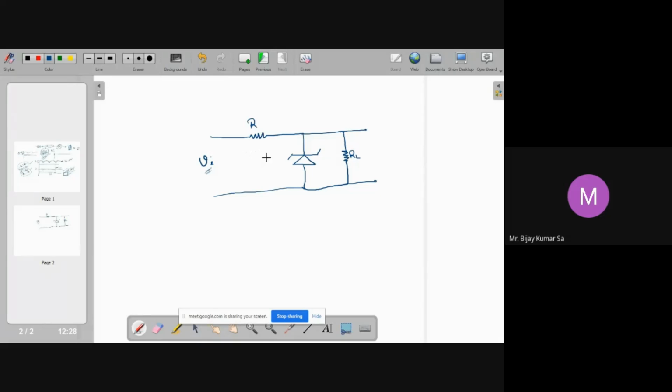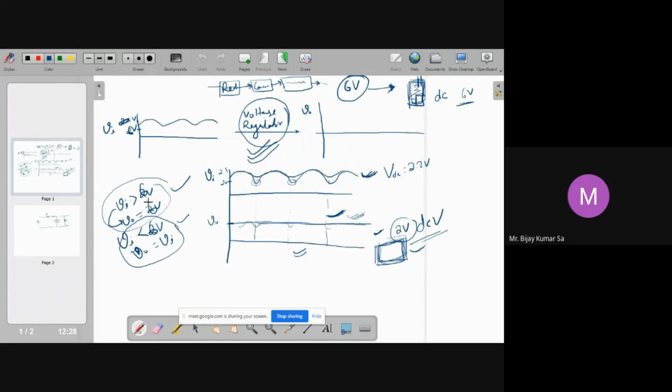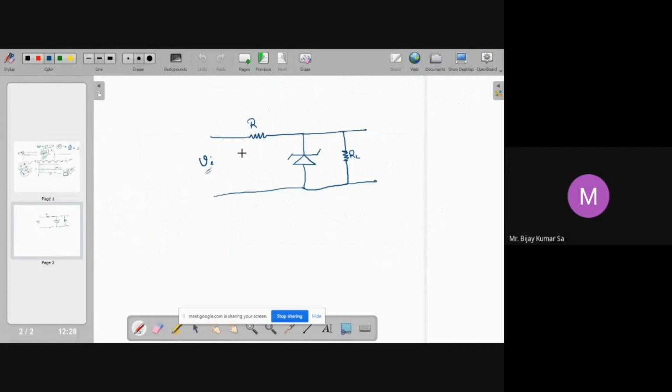So how is this going to work with the things I have said about the voltage regulator, how does this get reflected by this circuit? Oh, okay, that is the question. So let us realize.